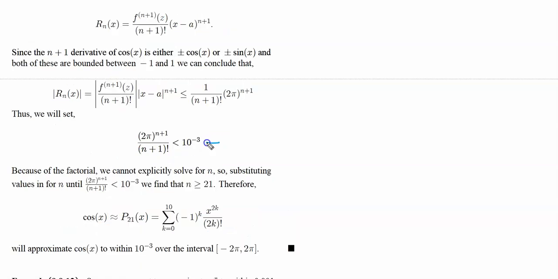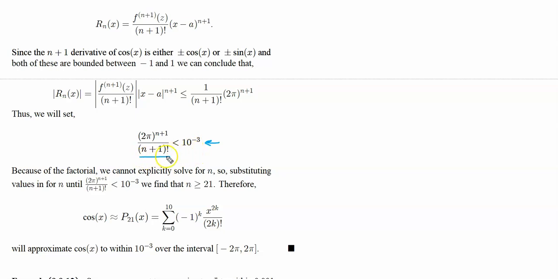So right here is the inequality that we need to solve for n. Well, we can't explicitly solve this for n. So we can't isolate n on one side and put everything else on the other side because of the factorial here. So what we have to do is just plug numbers in for n until this becomes smaller than 0.001.